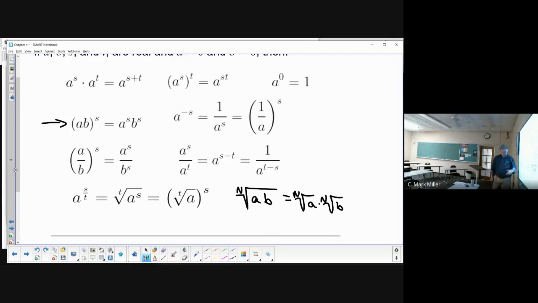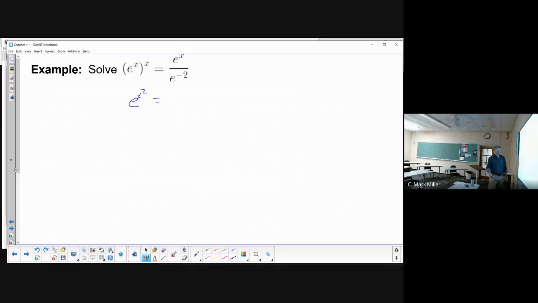So in our current problem, we have e to one power divided by e to another power. That's this. But also, e to one power divided by e to another power, I subtract the exponents. So here, I'm going to subtract the exponents. This equals e to the x minus the exponent at the bottom, minus 2. And so that's going to be e to the x squared equals e to the x plus 2.